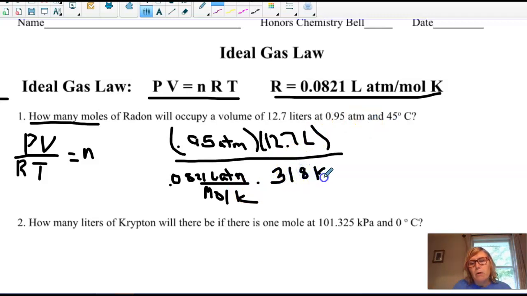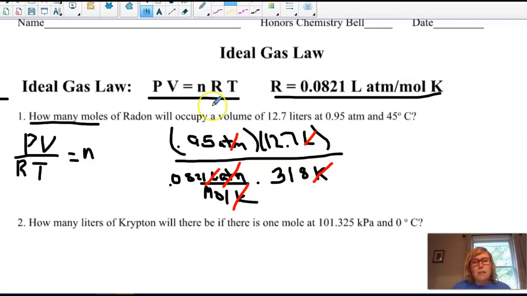Now I'm going to go through with another color, and we're going to cross out what units cancel out. So ATM cancels out, liters cancels out, and K cancels out. What are you left with? Moles. So when you put this in your calculator, you can put it in as parenthesis 0.95 times 12.7 close parenthesis divided by parenthesis 0.0821 times 318 close parenthesis.